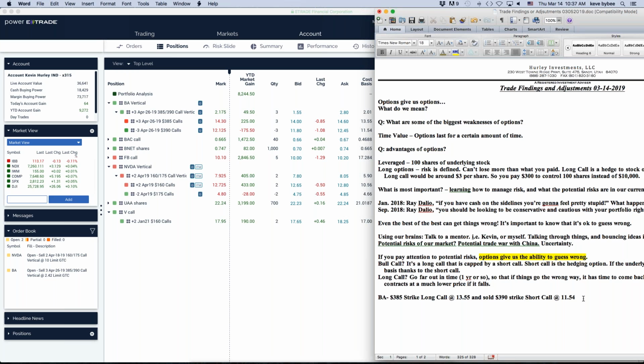Just do some math here. 11.54 minus 13.55 is about $2, 1 cent.